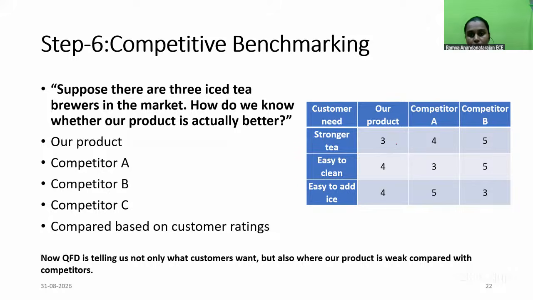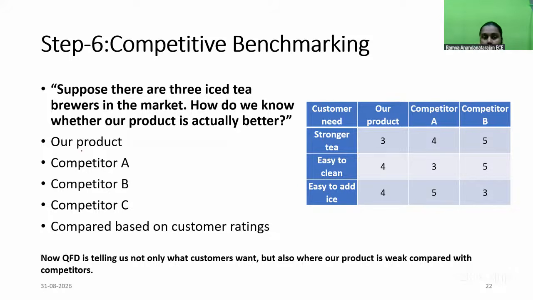Here in the table, I have taken our product as one column, competitor A as another column, and competitor B as a third column. So we have to compare it based on the customer ratings. So now QFD is telling not only what the customer wants, but whether our product is weak compared to our competitors or not is also known by observing the QFD.